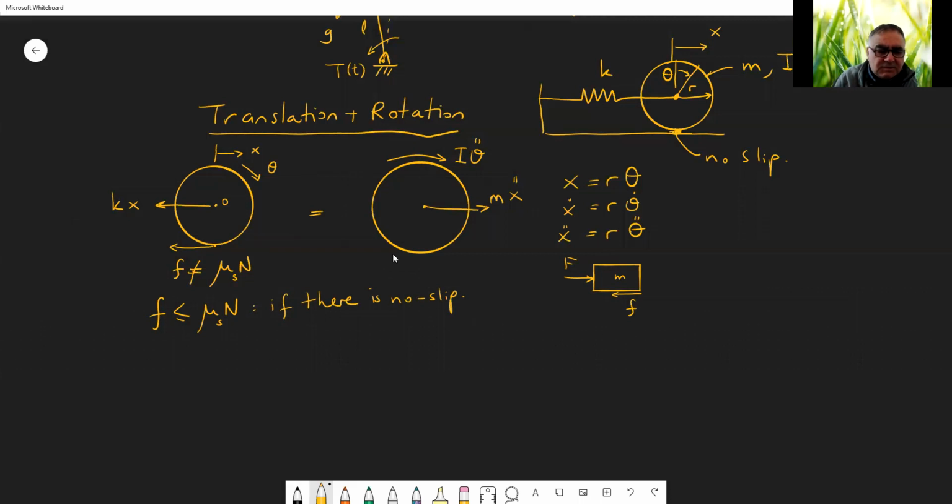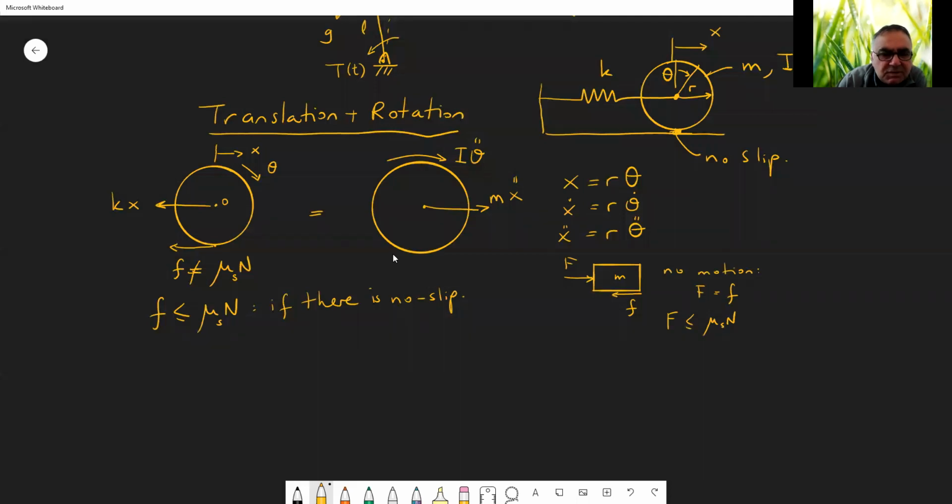If this thing is not moving at all, as you know, no motion means F is equal to small f. As long as F is less than or equal to mu s times N, there is no motion. So as long as the friction force is less than mu s times N, there is no motion.